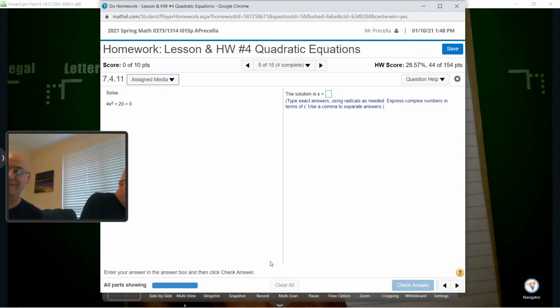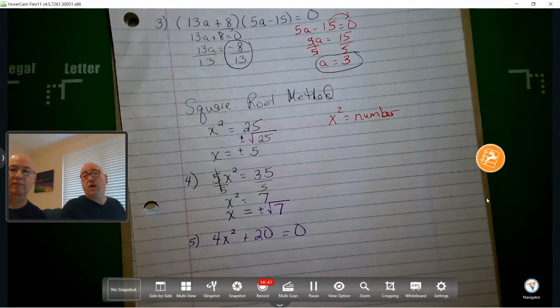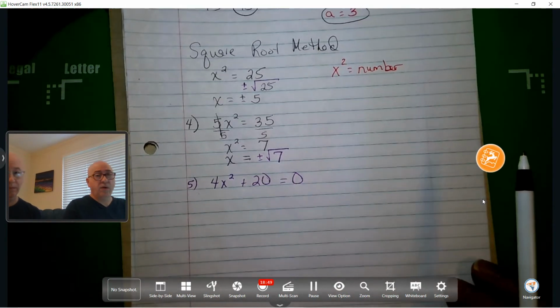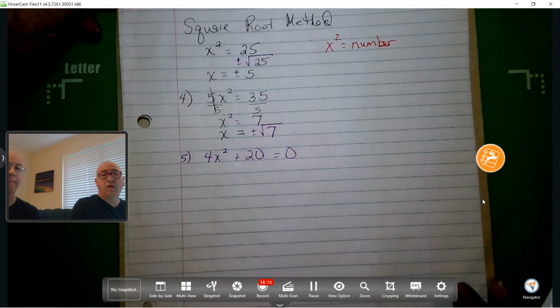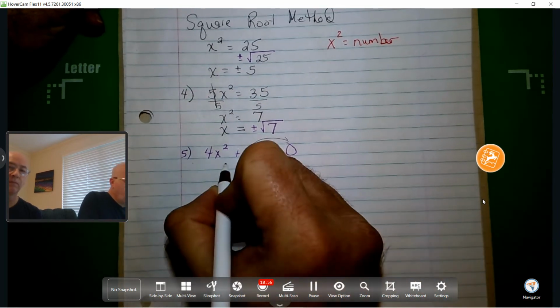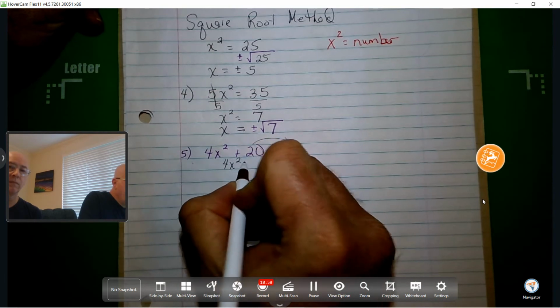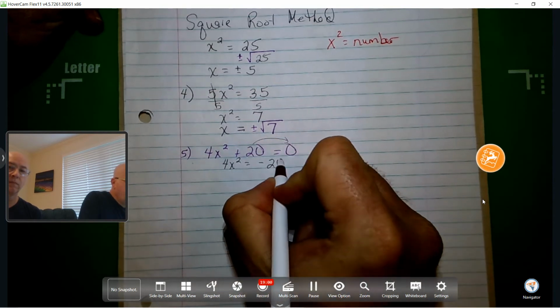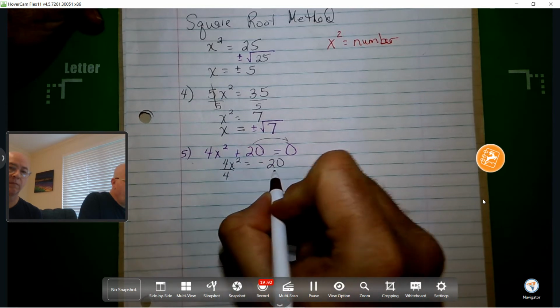Okay, number 5: 4x squared plus 20 equals 0. Well, we can write it in the form x squared equals a number just by moving the 20 over, so subtracting 20, and then dividing by 4.